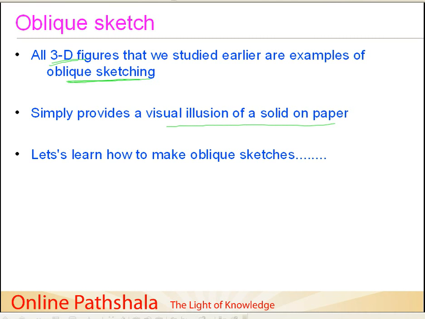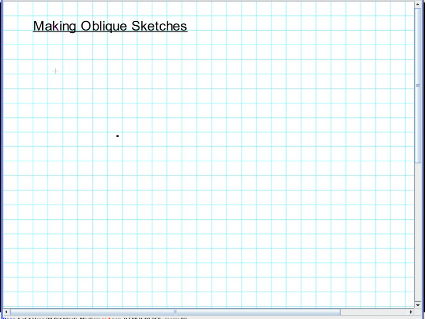So we'll go and draw an oblique sketch. Here we are trying to draw oblique sketches. It is best to draw oblique sketches on square paper, so we first make squares. I'm just taking three. This line is not straight, so let me try to make it straight.